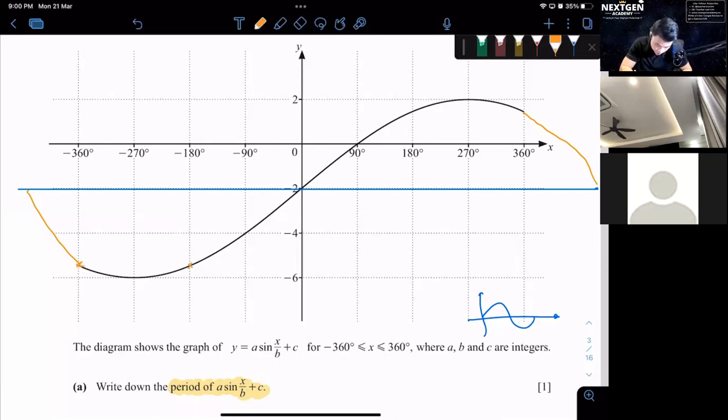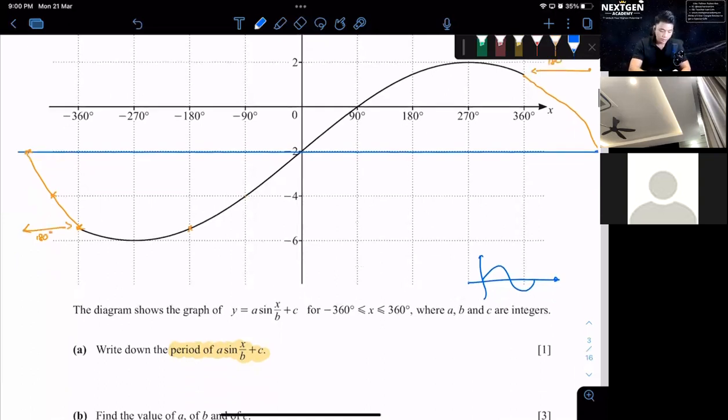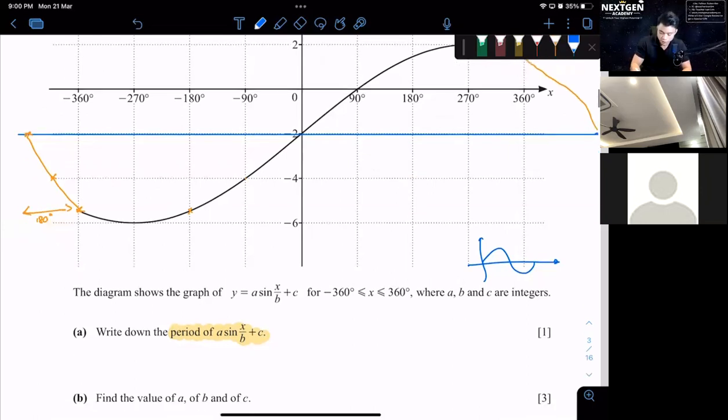From this part to this part, I actually increase another 180, and this is for both sides. So the period is 720 plus 180 times 2. So your period will be 1080 degrees.